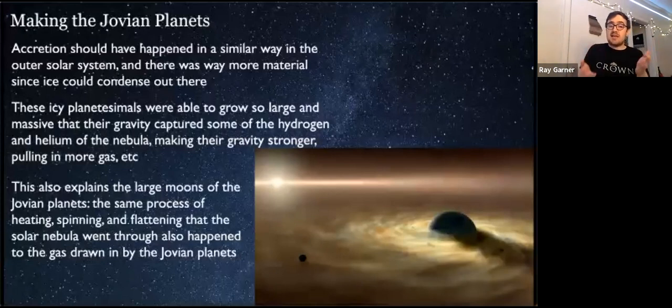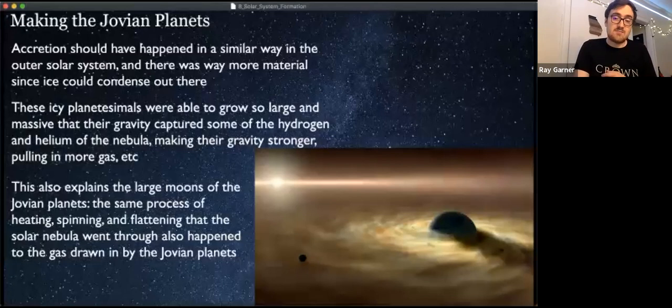But this also explains the large moons of the Jovian planets. That same process of heating and spinning and flattening that the solar nebula went through also happened to the gas that was drawn in to the gas giants. So you see here in this artist rendition that each of the gas giants had their own sort of mini solar nebula.